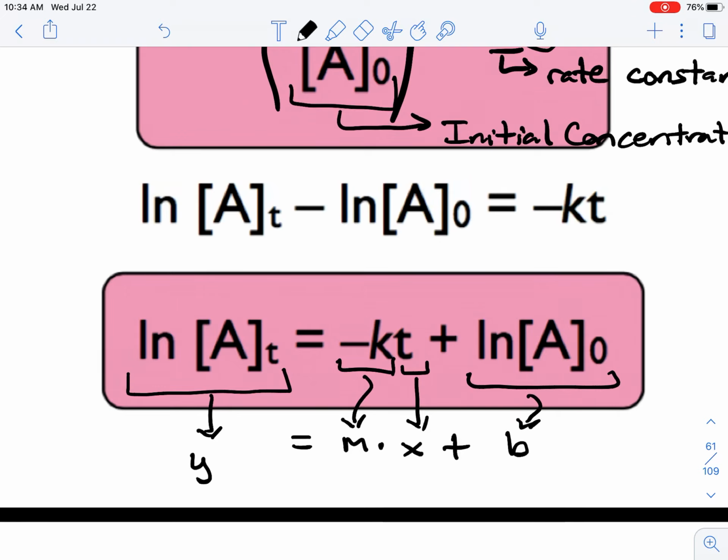And so we saw how we can apply this equation in the previous lecture video.